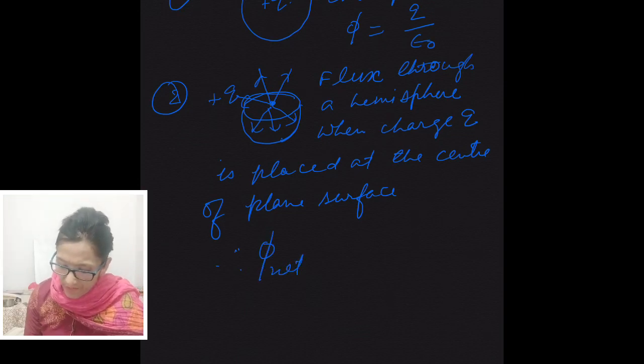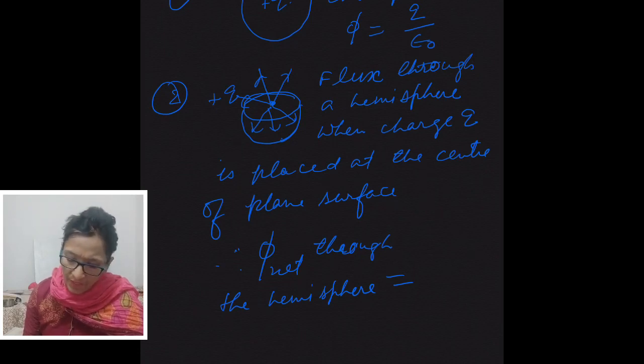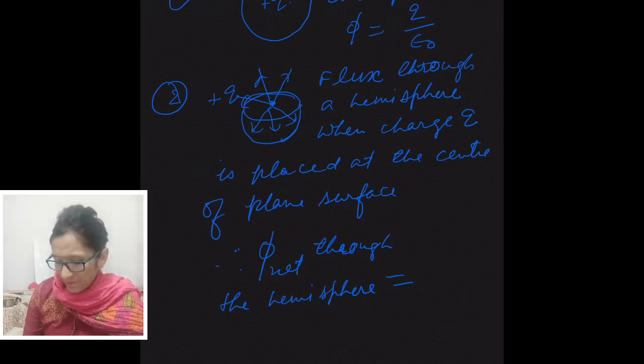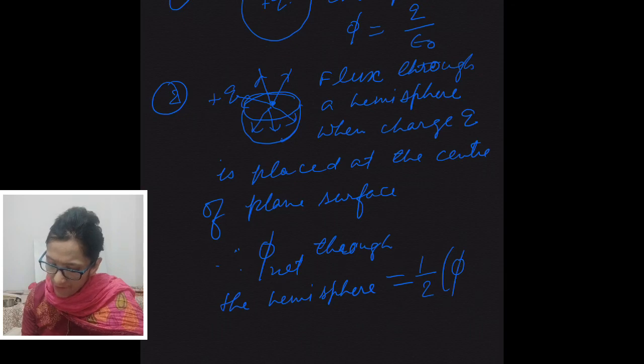Therefore, the flux phi net through the hemisphere is half the total flux, and this is equal to 1/2 Q upon epsilon naught.